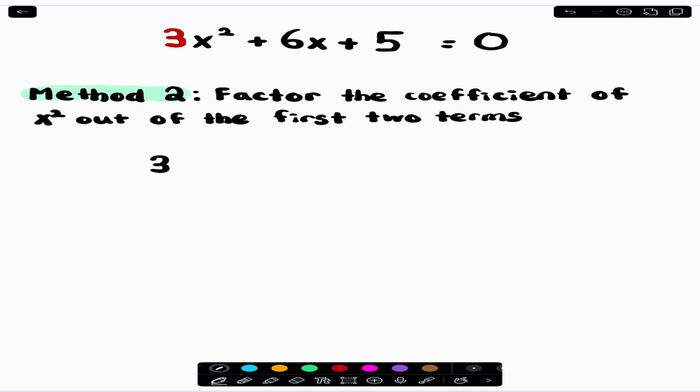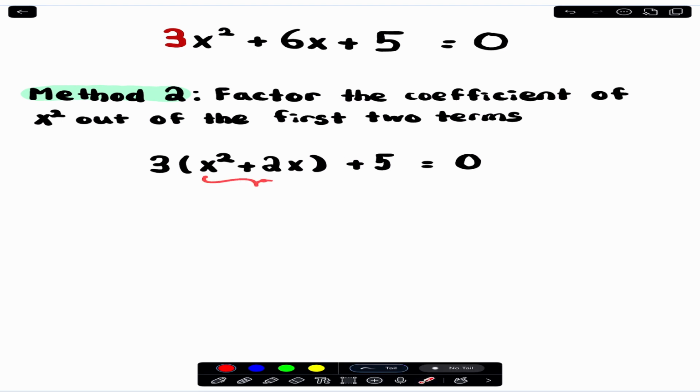In this case, 3x squared plus 6x can be factored as 3 times x squared plus 2x. And let's keep that 5 out just for now. And this is all equal to 0, of course. And now from here, what you're going to do is complete the square for everything inside the brackets.